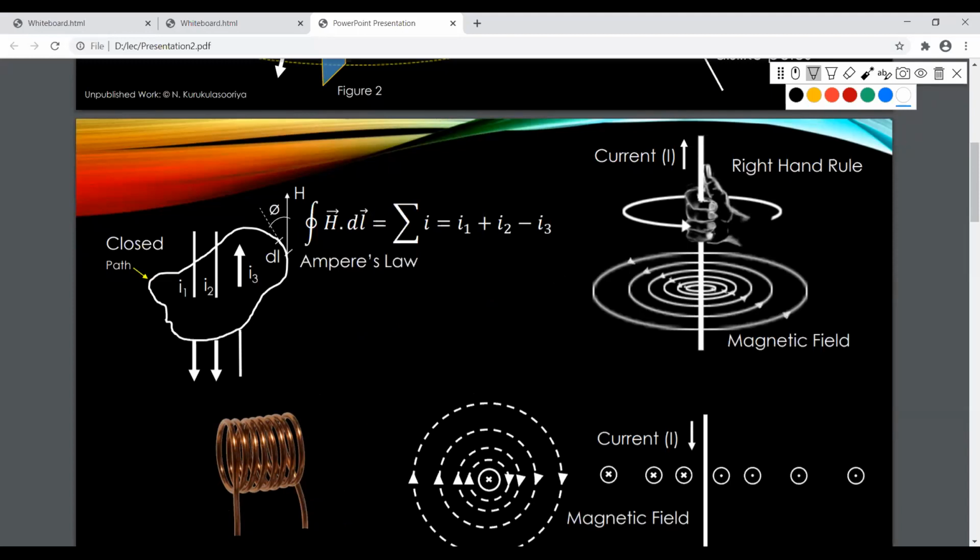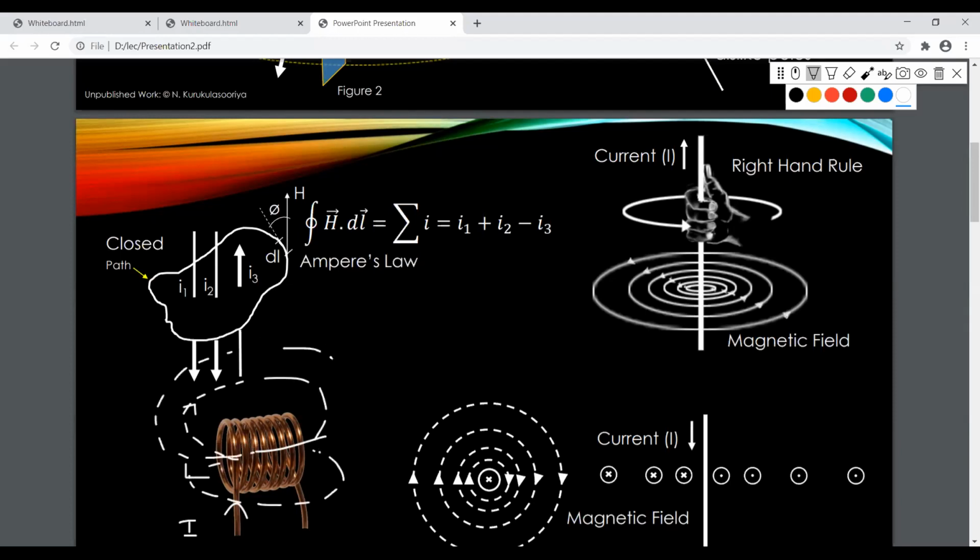If you apply the known rules here, you can see that if the current flows in this direction, it would give rise to a magnetic field like this.